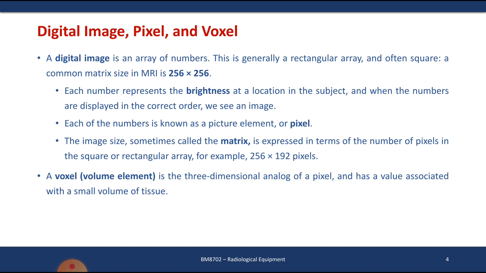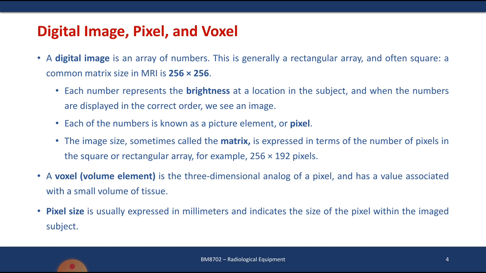So basically, when you try to create models from your MR image, you go for the 3D reconstruction of your MR images, like at different spatial resolution and at different angles you will get your MR image, and then you will combine all those 2D images and then create a 3D volume. So that volume element is called your voxel. So pixel size is usually indicated in millimeters, and that's about the first part.